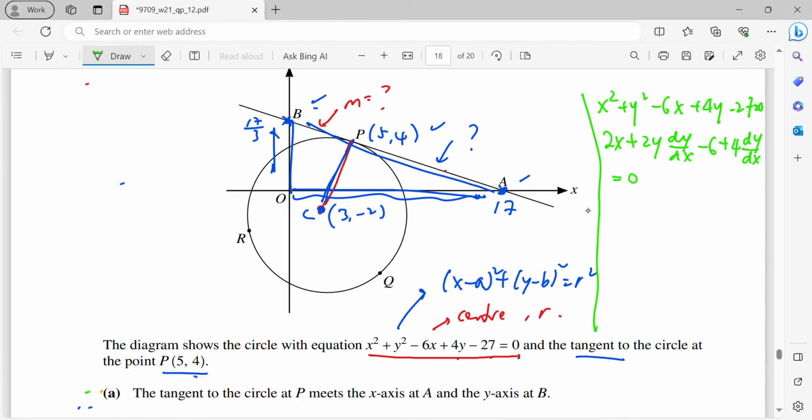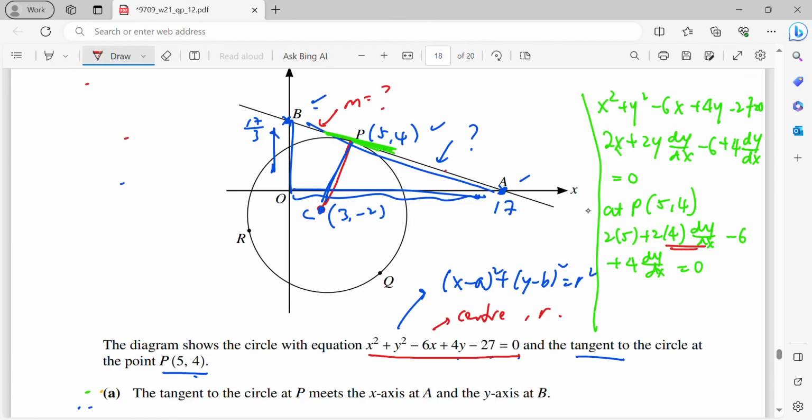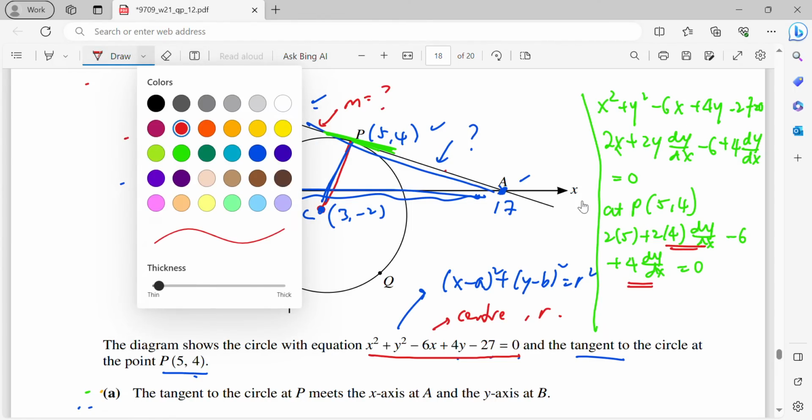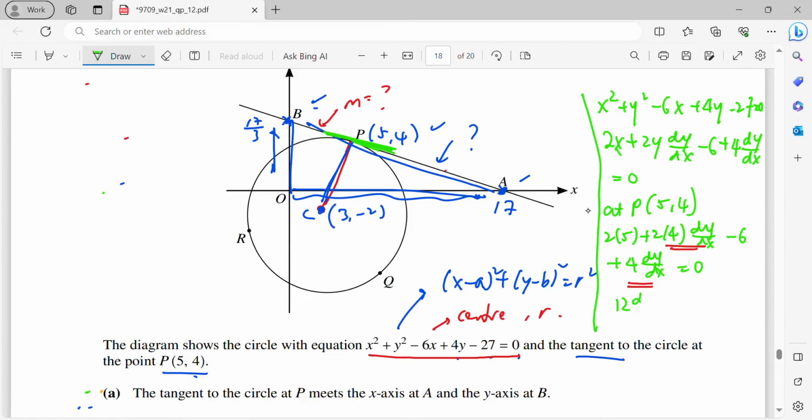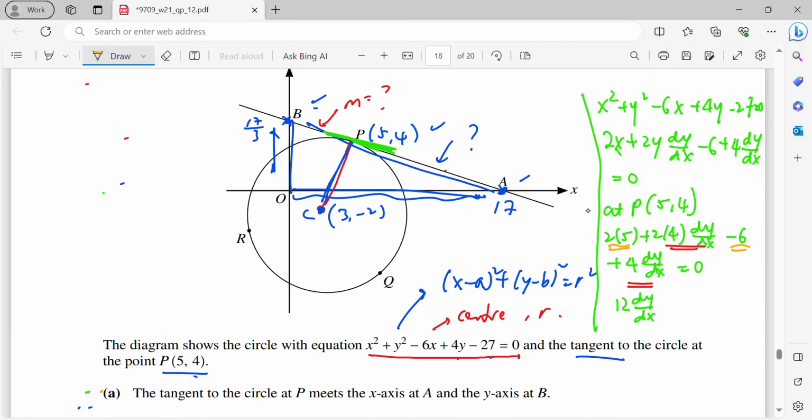So from here, you can just write at P (5, 4). I can directly find what this gradient is, that is our dy/dx here. So now I replace the x by 5 and the y by 4. Look at here, this is 8 dy/dx, this is 4 dy/dx. So 8 plus 4, you'll get 12, so I will get 12 dy/dx. Then 10 minus 6, you will get plus 4.